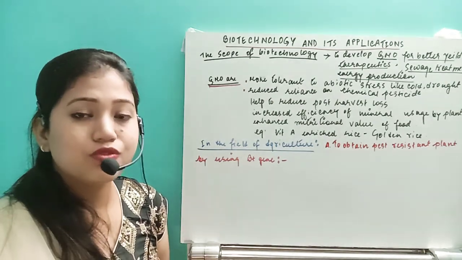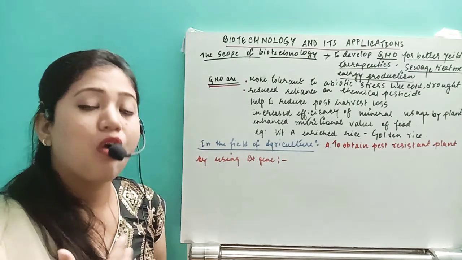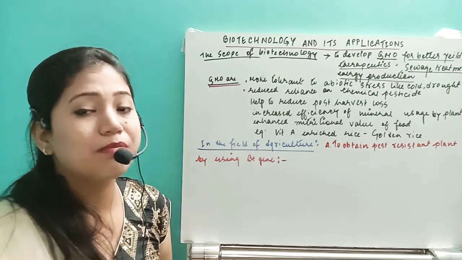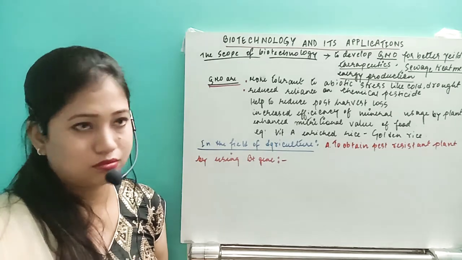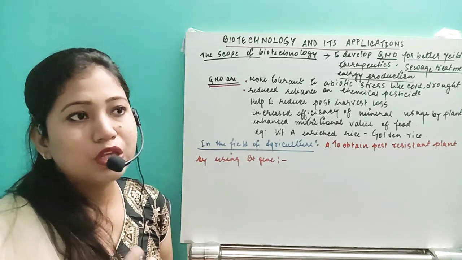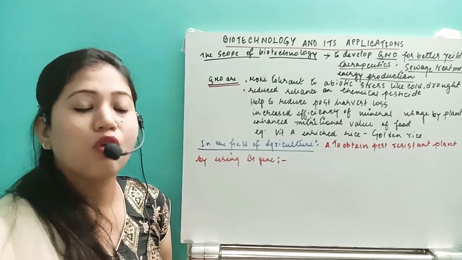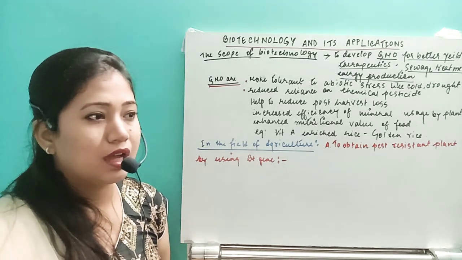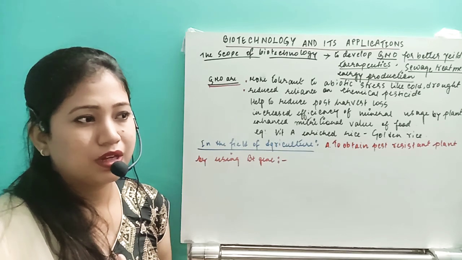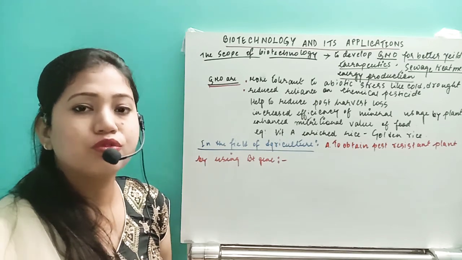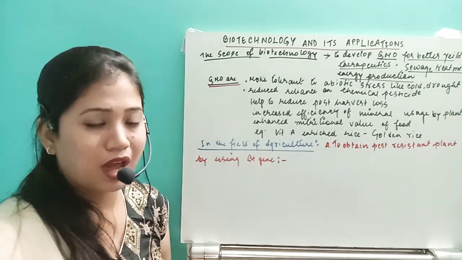So without chemical fertilizers or pesticides, we can make the plant more and more useful, so that it does not pass different bad chemicals to the food chain, where they can harm other organisms.